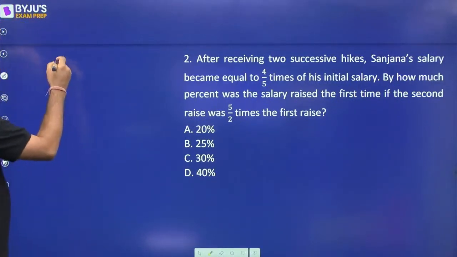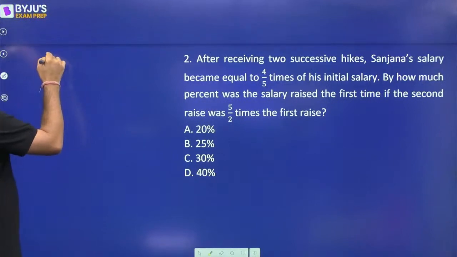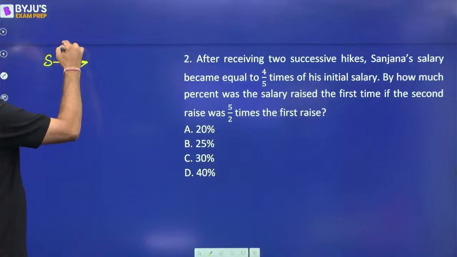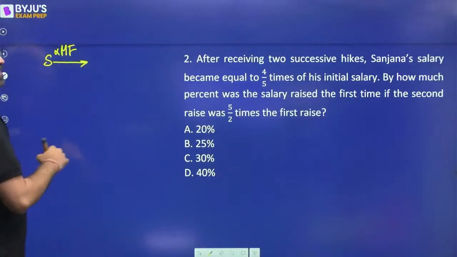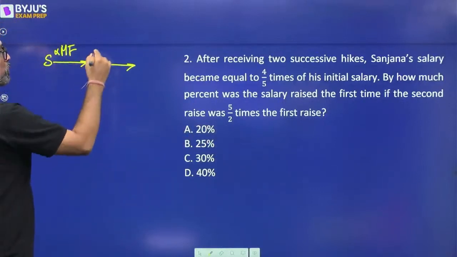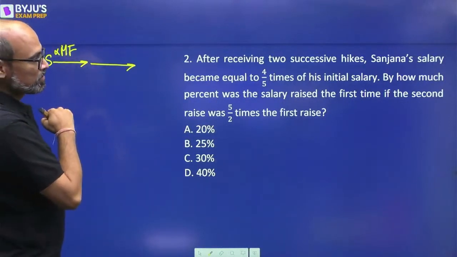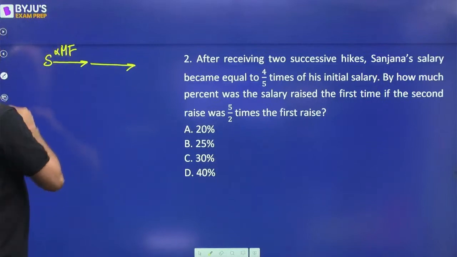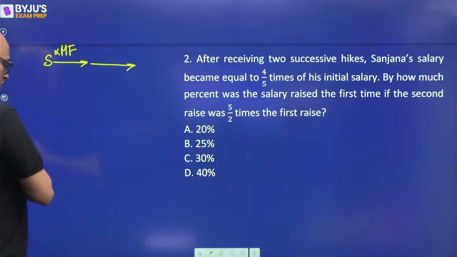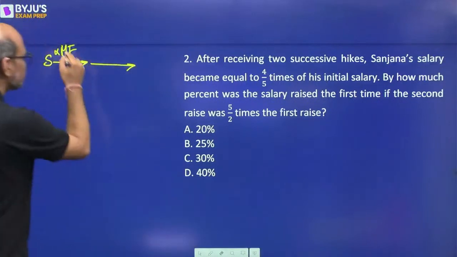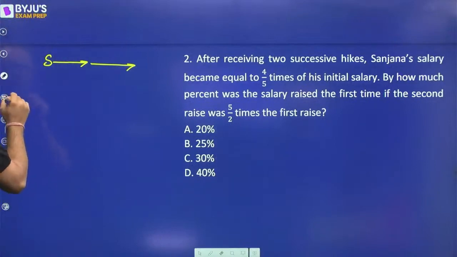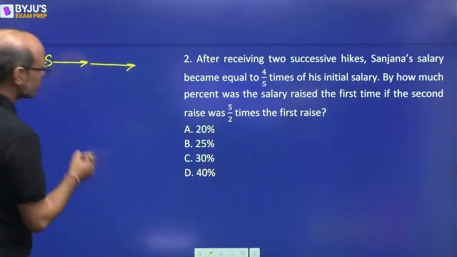Okay. So if I say that Sanjana's salary was S, then the first time the increase was this multiplying factor. The second time increase was 5 by 2 times the first raise. Right? So I can't directly do 5 by 2. So let us understand this in a slightly different way.